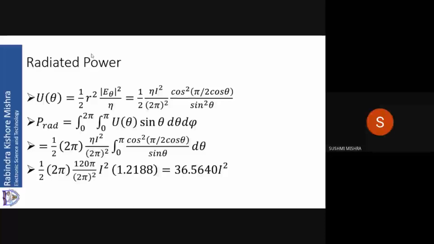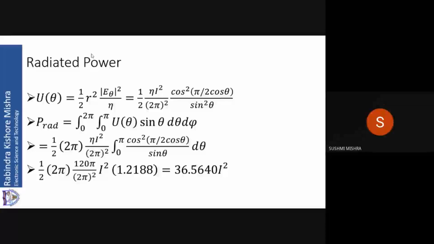When I integrate over phi, we get 2 pi, so we'll take that 2 pi outside and all other terms outside except the theta terms. The theta terms will constitute the integrand. Now for d theta, into sin theta in the numerator is there. In the denominator we have got a sin square theta. So in the integrand now we get a sin theta in the denominator. This also we had discussed in the last class.